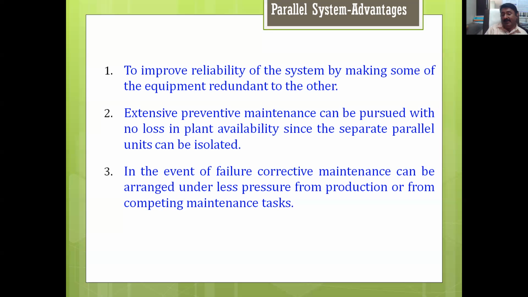Then, in the event of failure, corrective maintenance can be arranged under less pressure from production or from competing maintenance tasks. See, in series, if there is corrective maintenance or some failure and immediate action is required, the complete line is stopped.